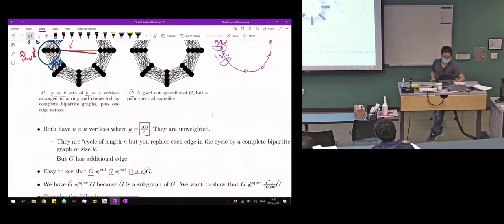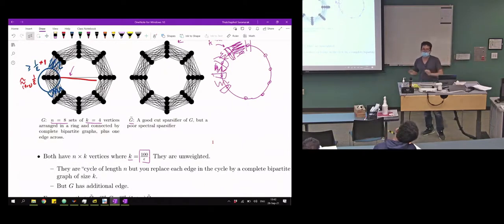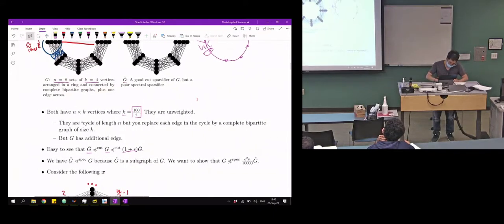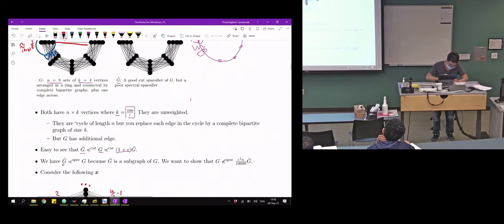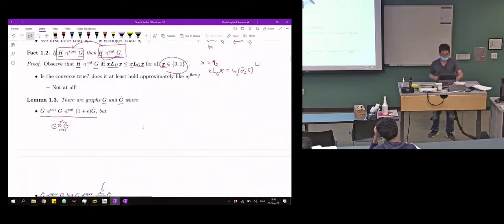But now we're gonna say that they are really different in spectral sense. First of all, G tilde will be less than G in spectral sense, just because G tilde is a subgraph of G. So does anyone see this?